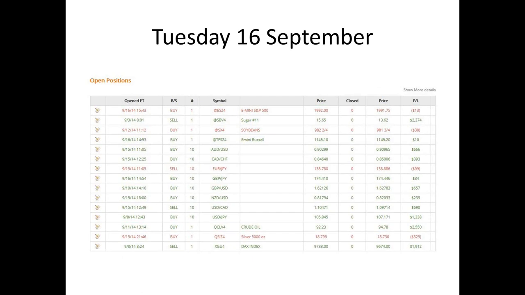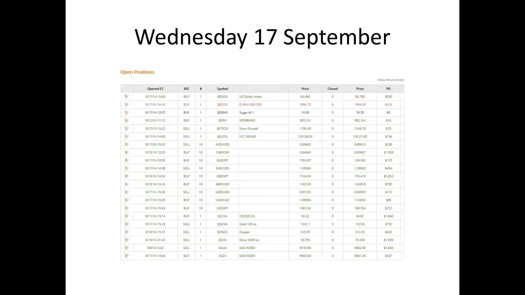But once again, the profits in the open positions far outweigh the losses. And this is yesterday's sheet. Once again, there's only one trade at a loss on that sheet, $13 on the E-mini.